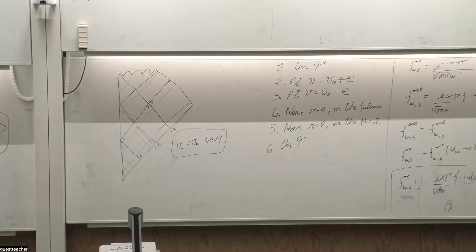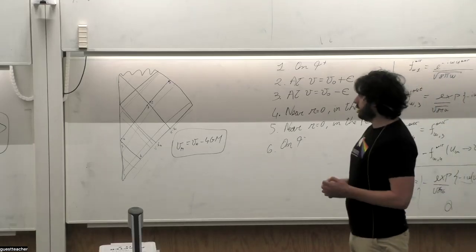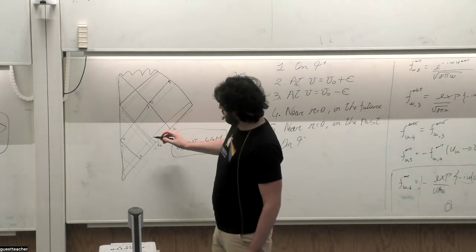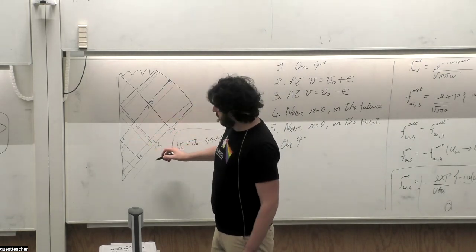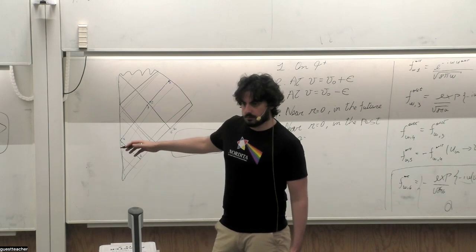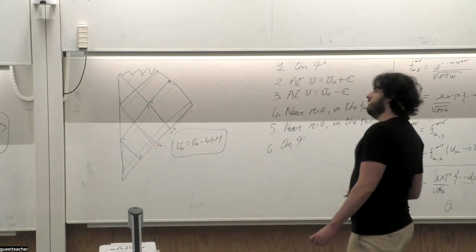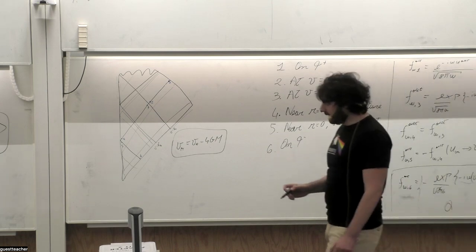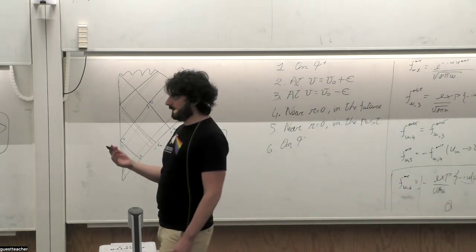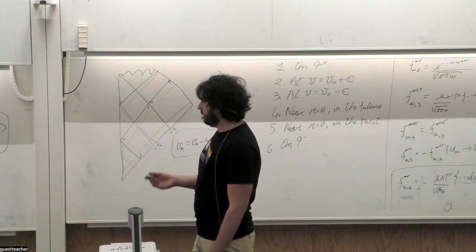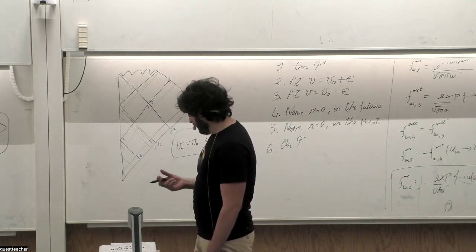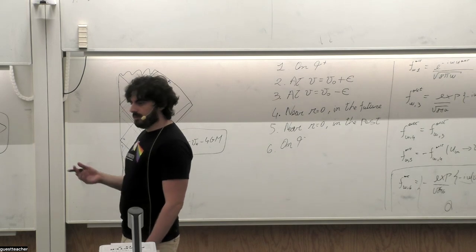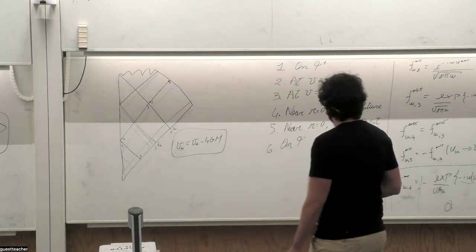So, what is the role of the potential? When we were tracing, we had free propagation. Now we are not going to have free propagation anymore, but some part of the modes will be backscattered.